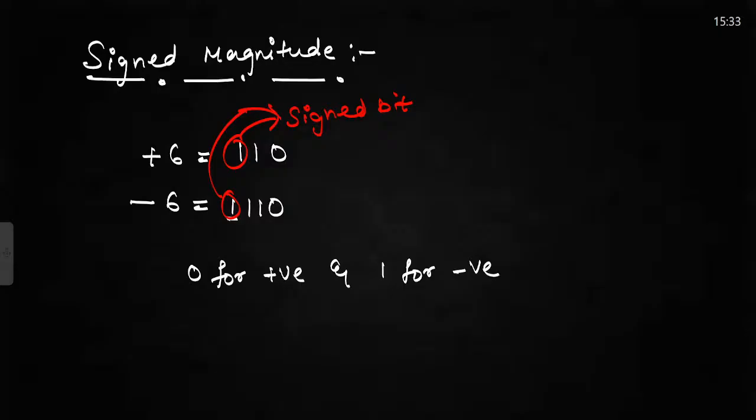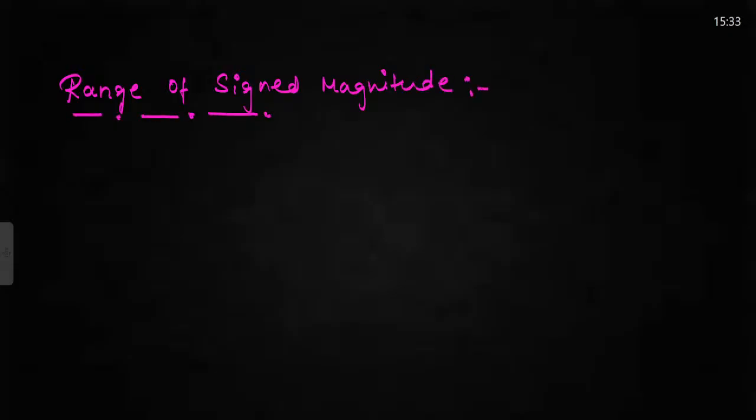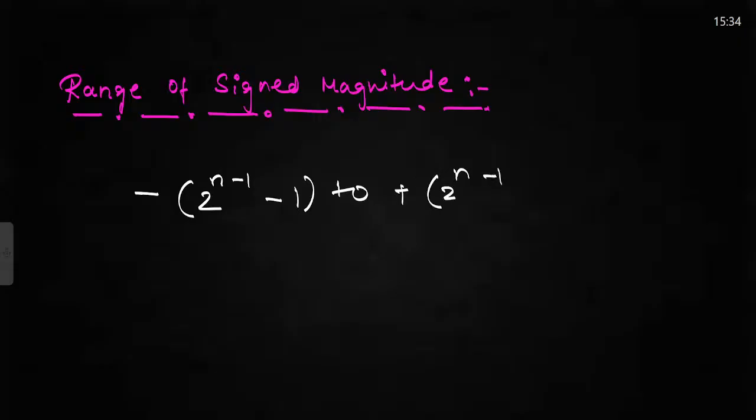Now let us understand the range of sign magnitude. The range of sign magnitude is -(2 power n minus 1, minus 1) to +(2 power n minus 1, minus 1).